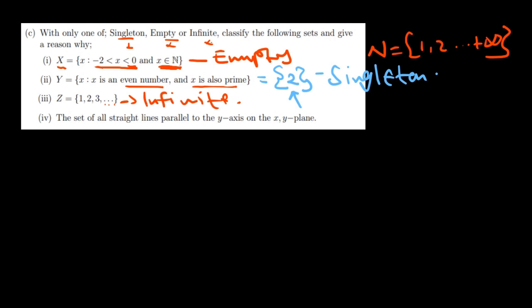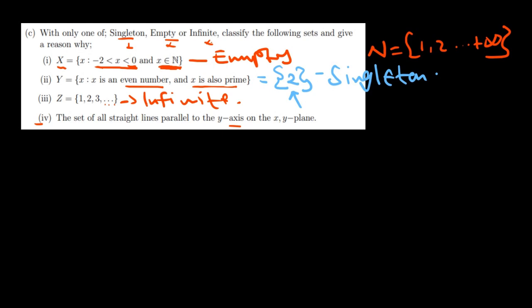And then the last one, number 4. They're saying the set of all straight lines that are parallel to the y-axis on the xy plane. So how many lines are parallel to the y-axis? Let me draw an axis here.